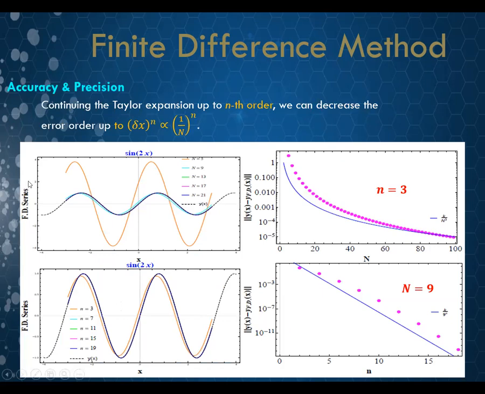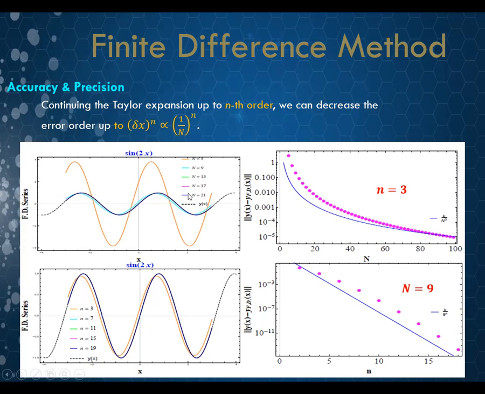So let me check the finite difference approximation convergence and error. Consider a function such as sine of 2x, plotted as the dashed line, and try to estimate it by the Taylor expansion finite difference series for different n.